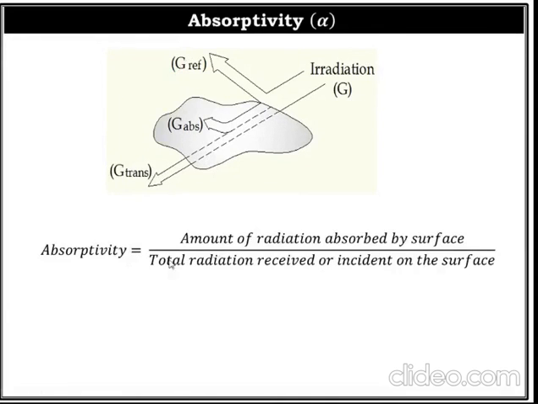Absorptivity, normally denoted by alpha, is nothing but the amount of radiation absorbed by the surface divided by the total radiation received or incident on the surface. All these are nothing but fractions of irradiation: the fraction which is reflected, which is absorbed, and which is transmitted. Mathematically, alpha is G absorbed divided by capital G. Capital G is the total radiation received, and G absorbed is the amount of radiation absorbed.